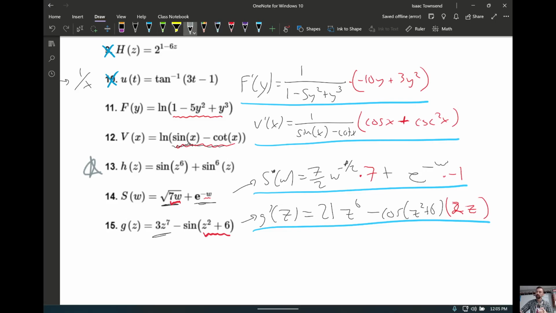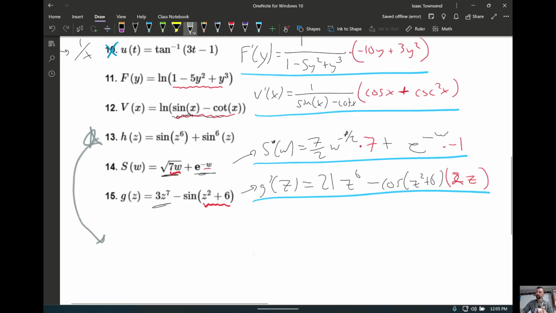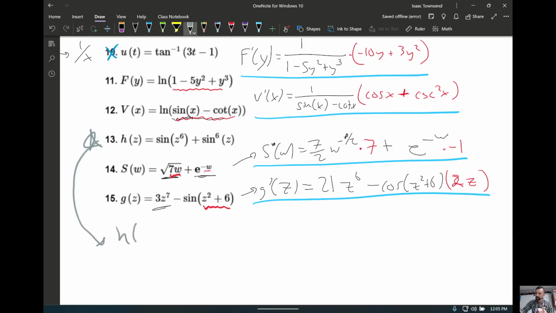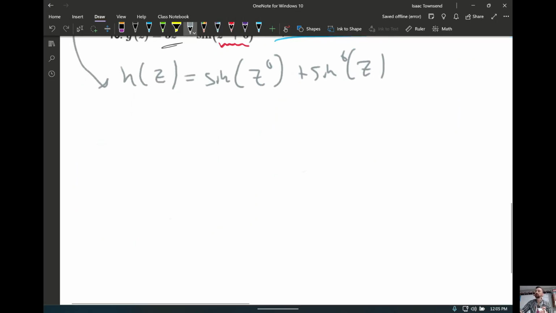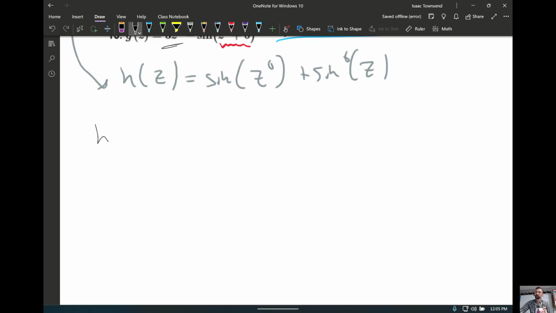Okay, and then to come back to question 13, just copy it all down here so it's a little easier to see. Okay, so the first part, the derivative of sine something is going to be cosine something times the derivative of the something, 6z to the 5th, just power rule.